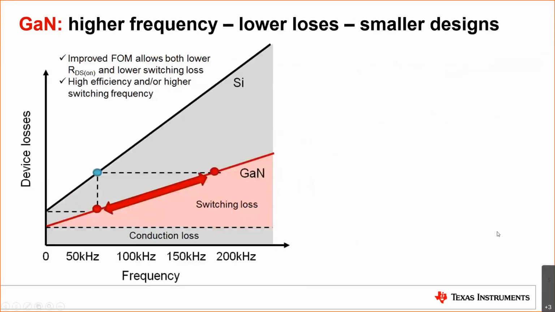Now quickly touching the topic of higher switching frequency, what it means for losses or smaller designs. On the left side, you will see a graph where we show the device losses over frequency. We of course have the conduction loss element, which is already improved by a factor 2. But the switching losses that we will introduce later will actually increase with the switching frequency.